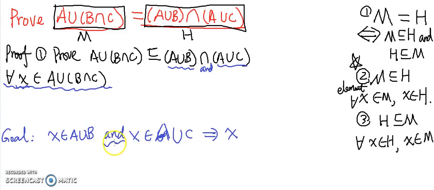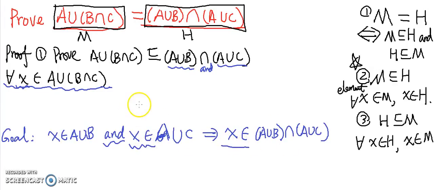So that means we use a symbol to represent and. That will give us A union B intersecting A union C. So this is omitted because we have it in front of both.